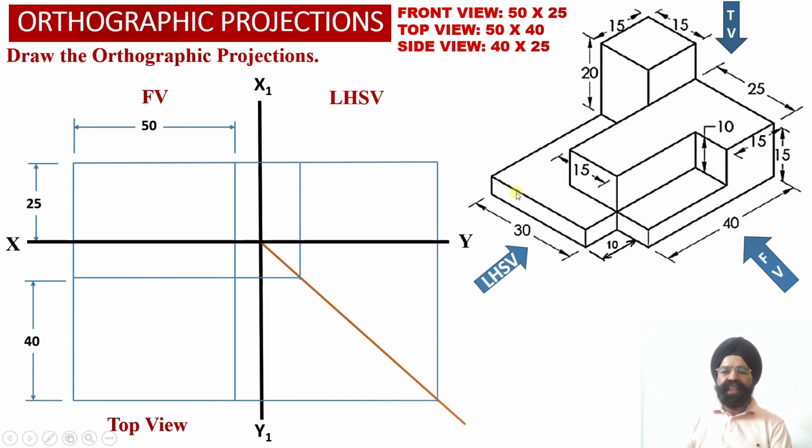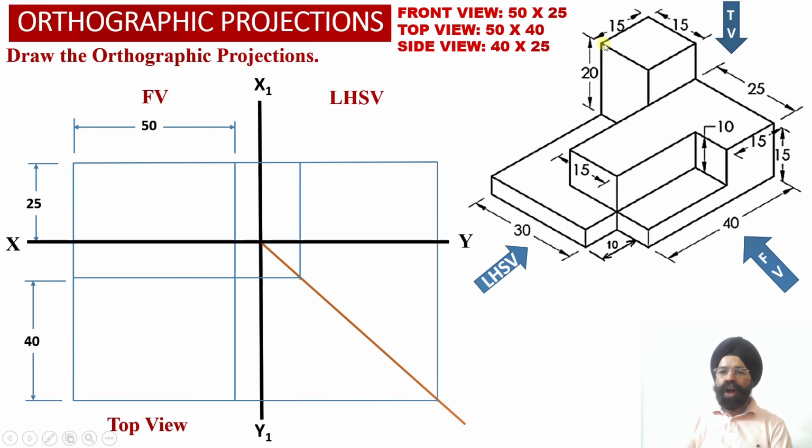Now we can divide the solid into three elements. Element number 1 happens to be a horizontal web which has a height equal to 5 millimeter, which is lying at the base of the solid. Above this horizontal web, here we have got an L-shaped web which is resting towards the right hand side face of the solid over here.